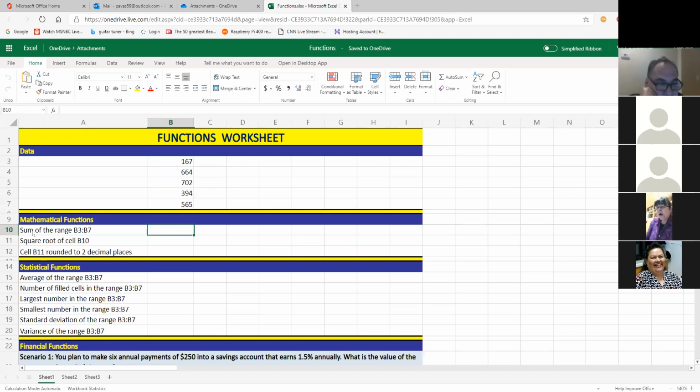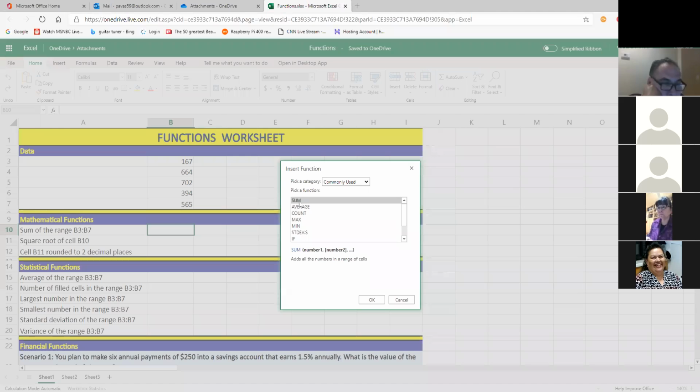So the first one says that we're going to do the mathematical function of summing or adding the range B3, right here, to B7. How do we do that? Using a function. The best way to do it is you just go to functions right here, and there's a function for sum. Look, right here, sum.